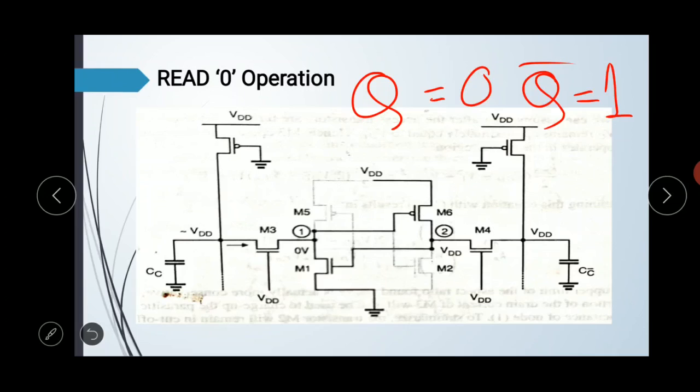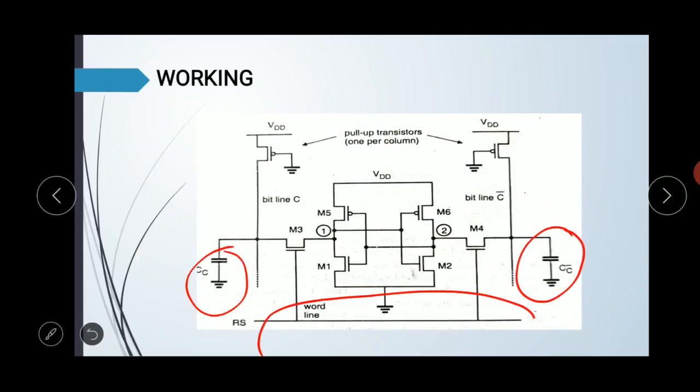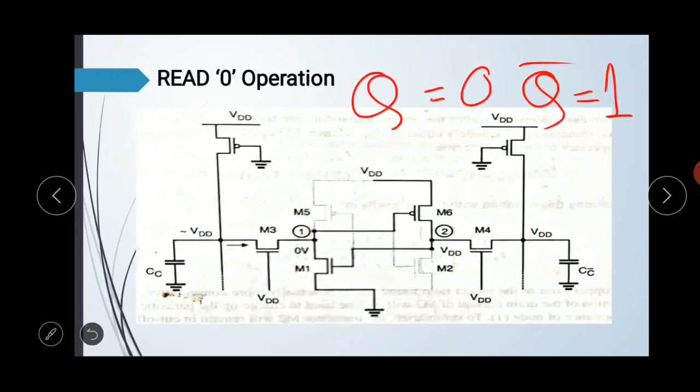For read operation, first we have to activate this word line. Activate means we give 1. When we activate this line, M3 and M4 are turned on, and these transistors are known as access transistors.